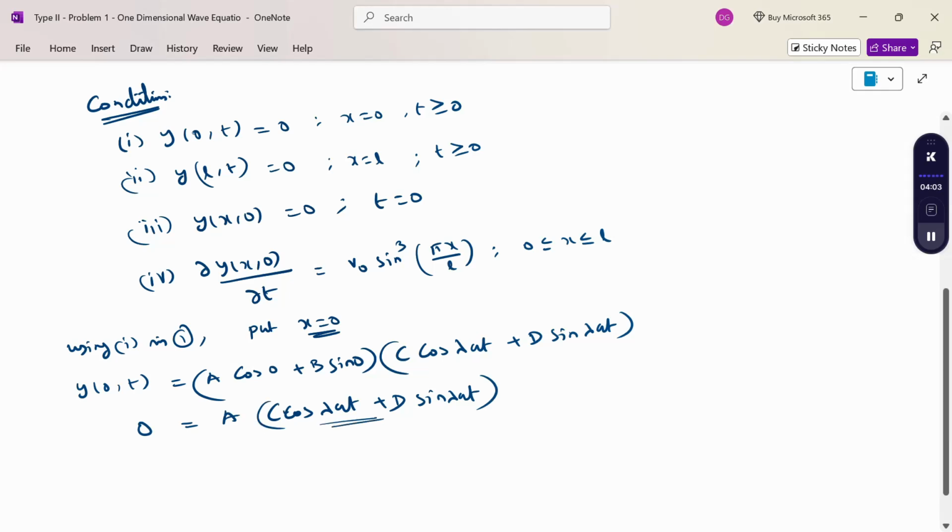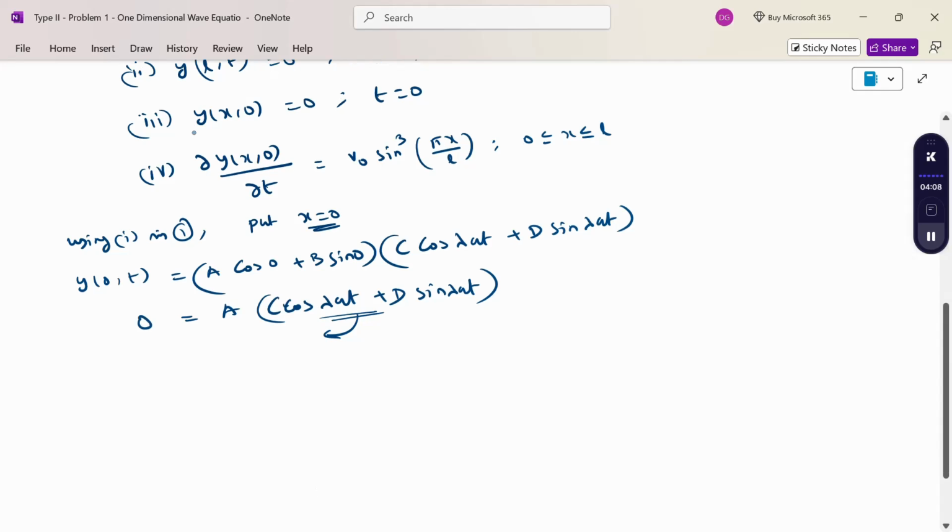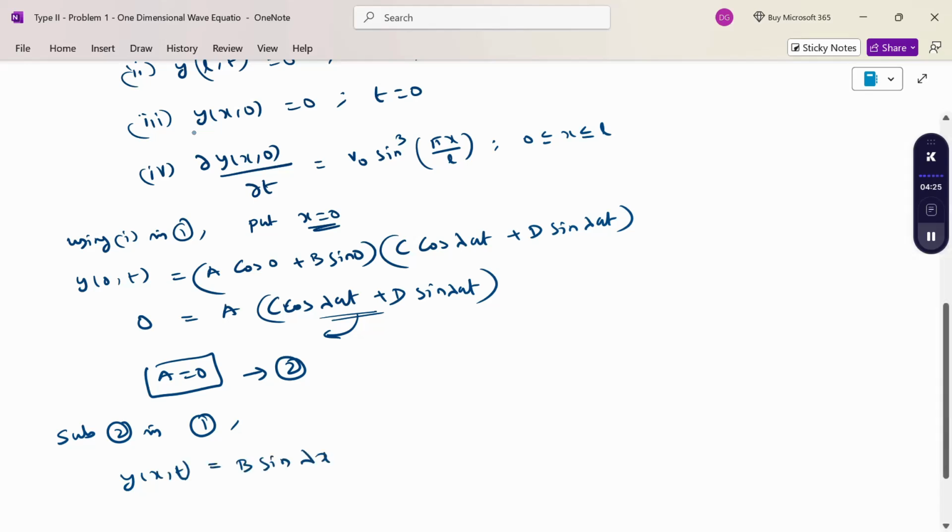The left hand side is 0 because of the boundary condition. The terms C cos lambda a t and D sin lambda a t are non-zero, therefore A equals 0. Consider this the second equation. Substituting it into equation 1, y(x, t) = B sin lambda x (C cos lambda a t + D sin lambda a t). Consider this equation number 3.